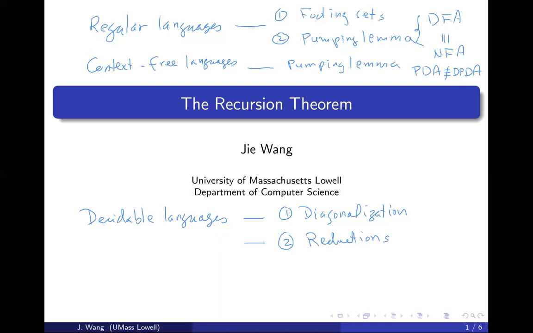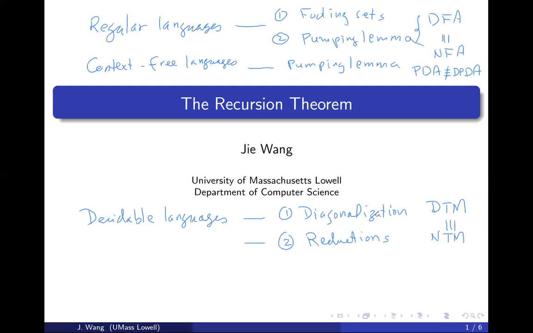And when we look at decidable languages, then we look at Turing machines, deterministic Turing machines. We also know that a deterministic Turing machine in terms of computing power is equivalent to a non-deterministic Turing machine.